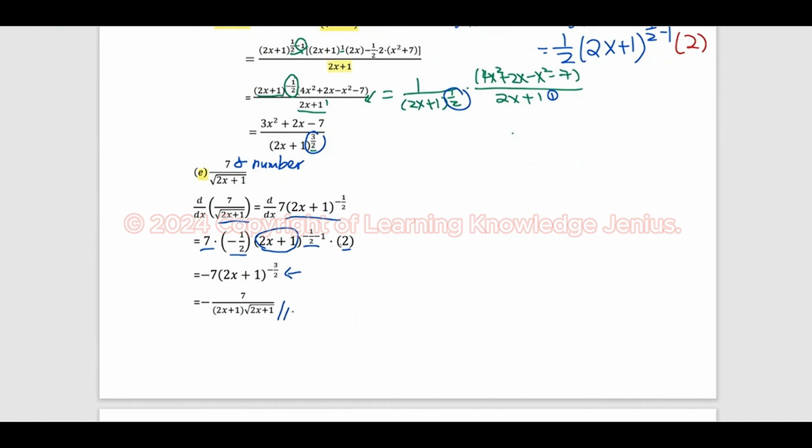So let me illustrate more about how I convert the index form into the surds. Because the power is negative, I can remove the negative power by bringing it to the denominator here. And next, I'm going to convert to the surd.